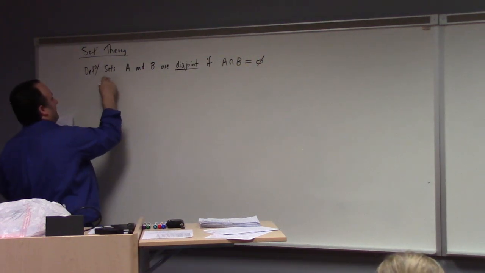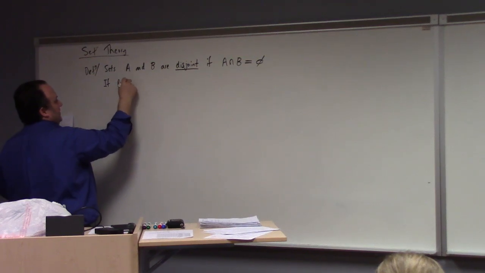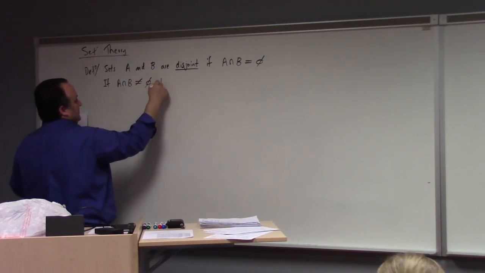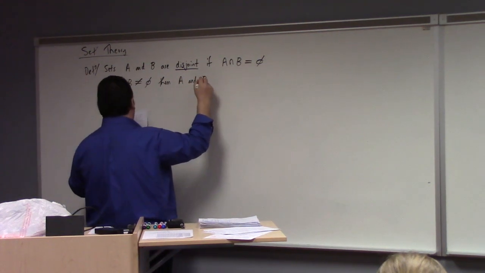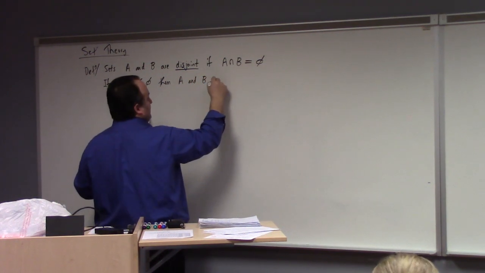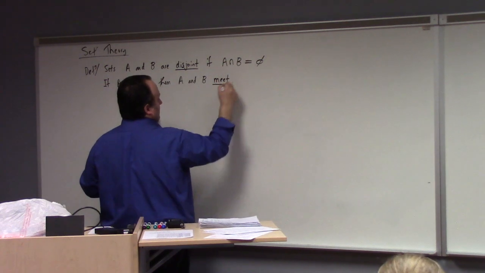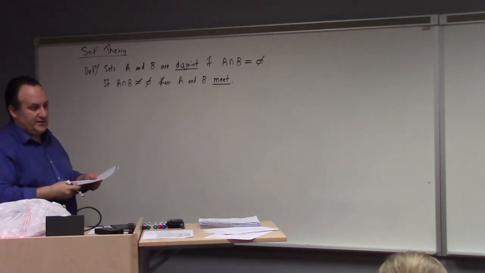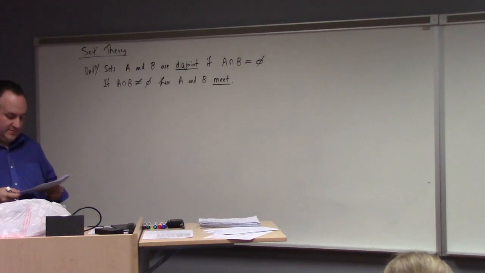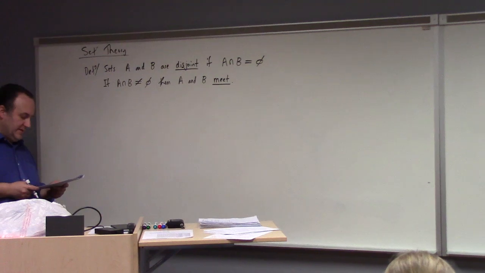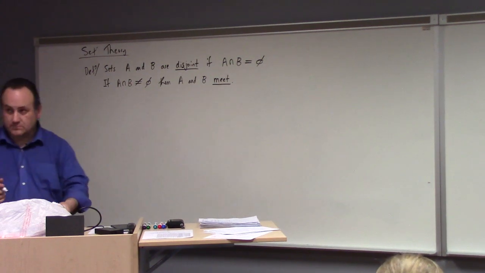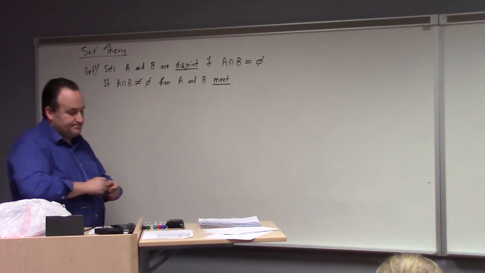If A intersect B is not equal to the empty set, then A and B meet. So two sets meet if their intersection is not empty, right? Which is to say there's at least one point in their intersection.